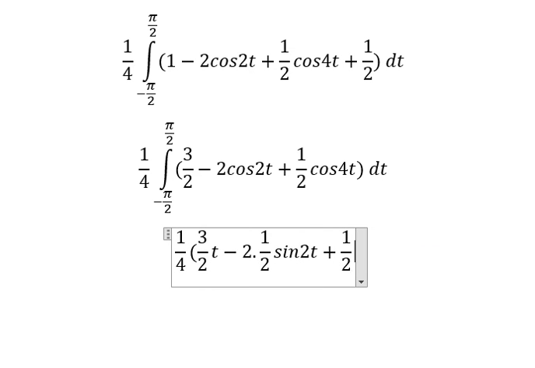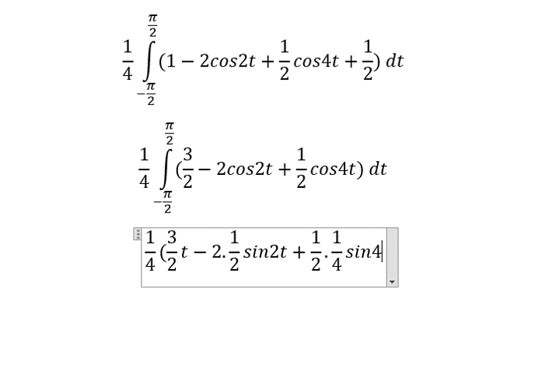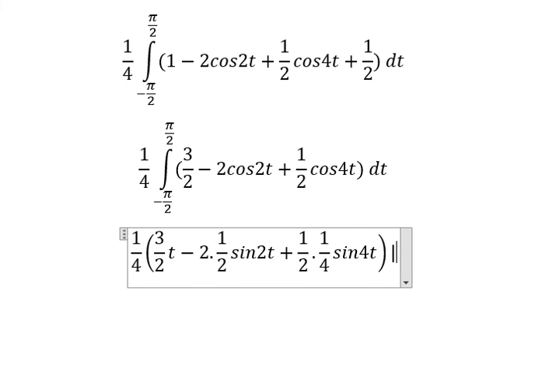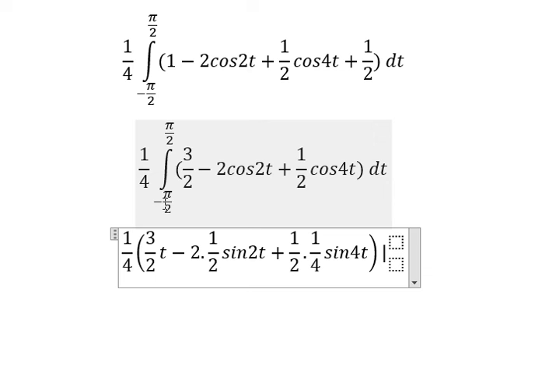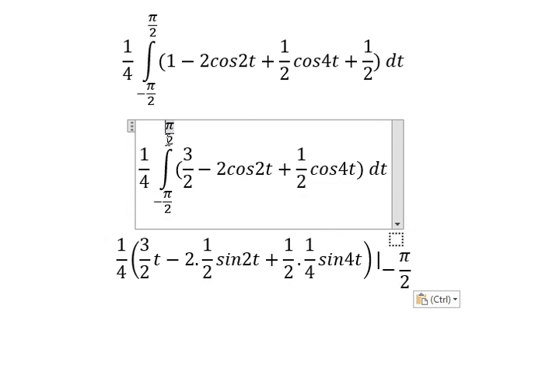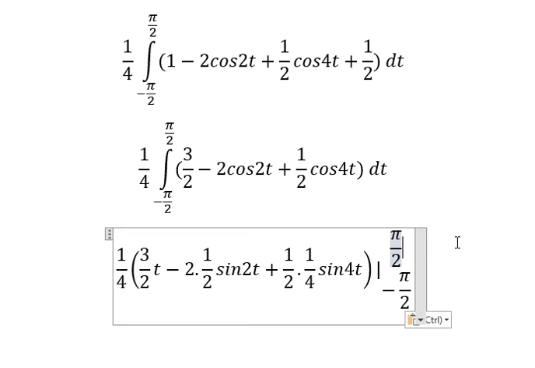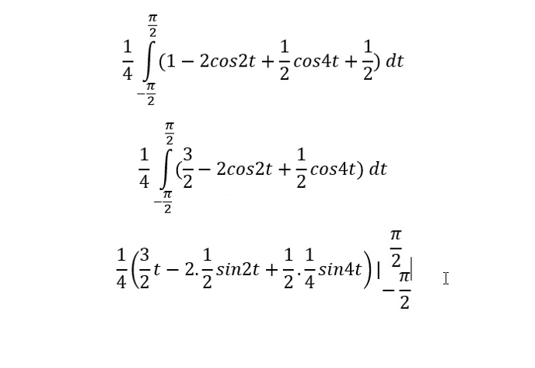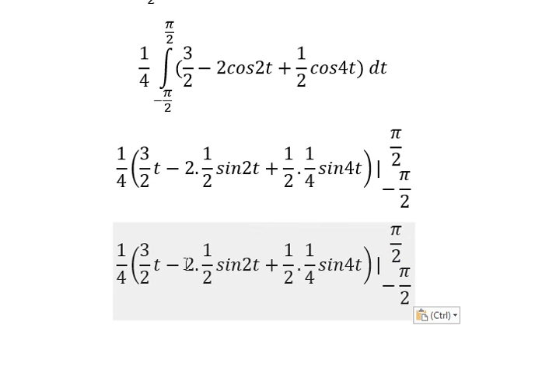And the last one, and we put the bounds from negative b over 2 to positive b over 2. This one we simplify.